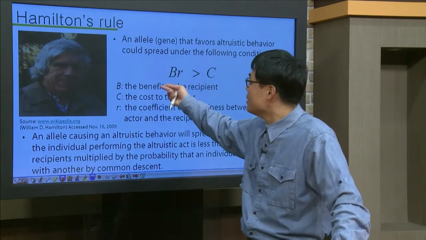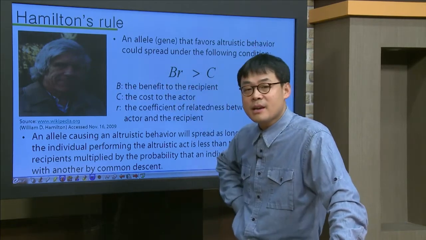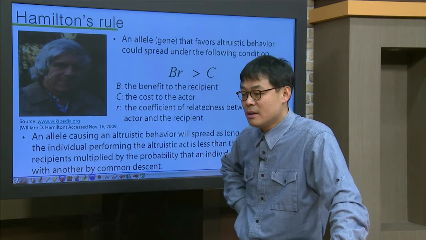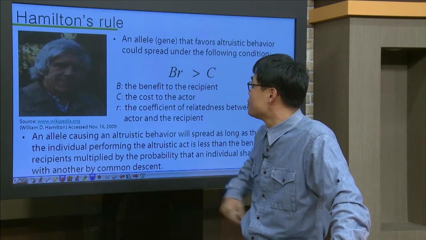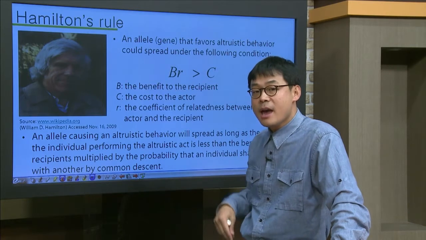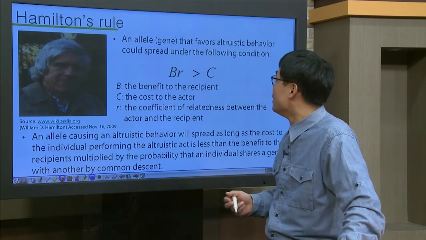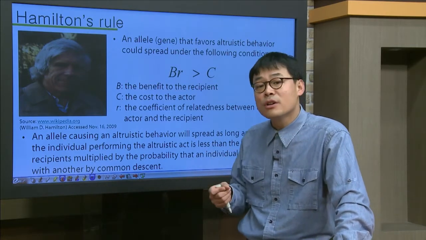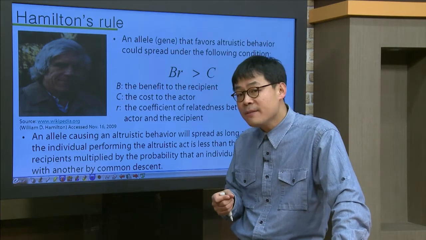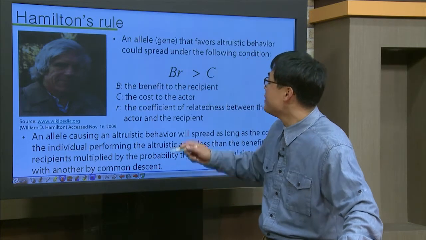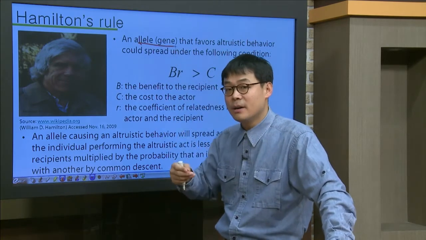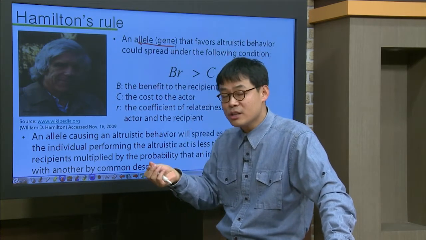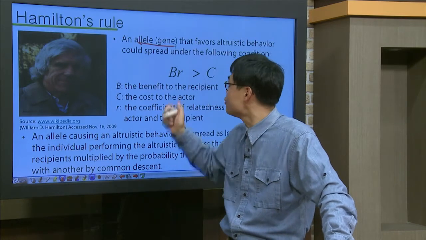And probably this idea is his most well-known work, which we call Hamilton's rule, and this rule basically explains the evolution of altruistic behavior. And an allele is like a variant of a gene, so you may think of it as a gene.